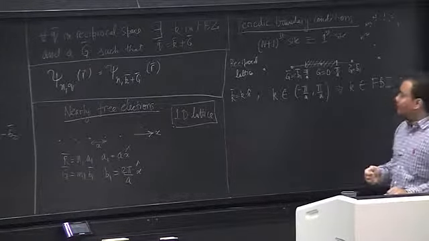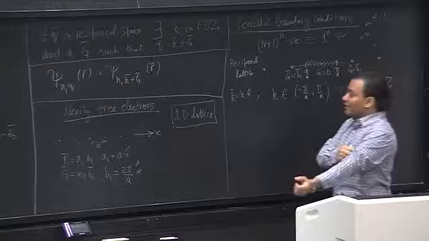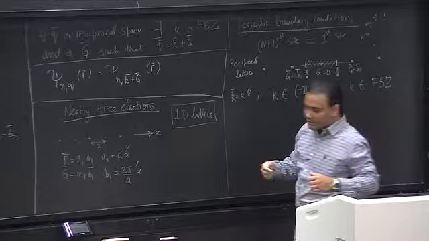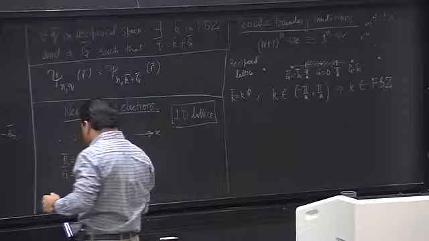Now, these periodic boundary conditions will have some consequence for this k. We can see this by just applying Bloch's theorem. So let's do that, and then we'll stop.